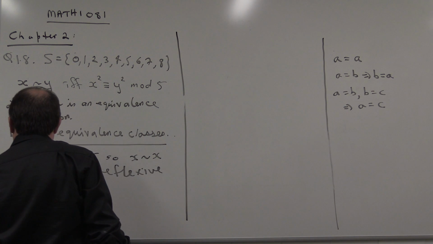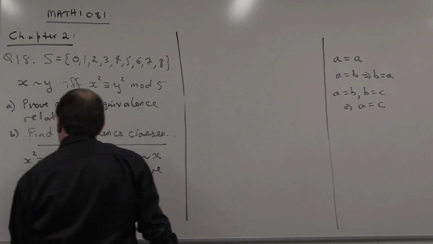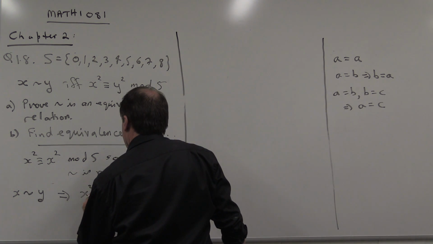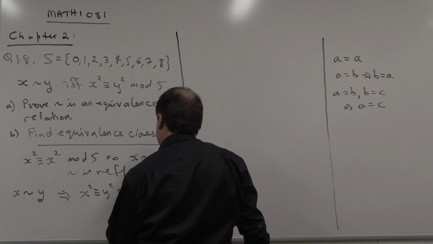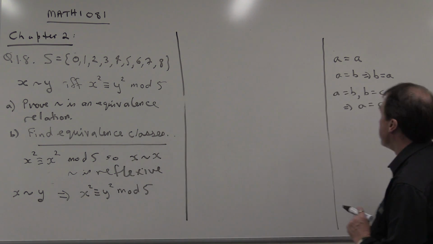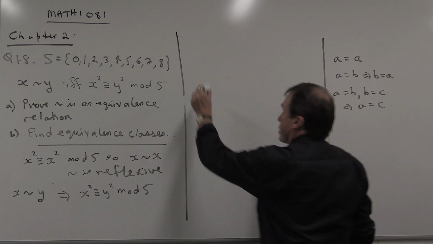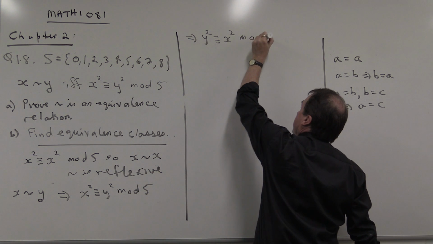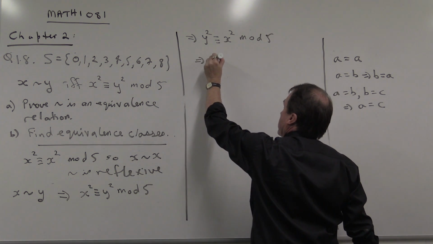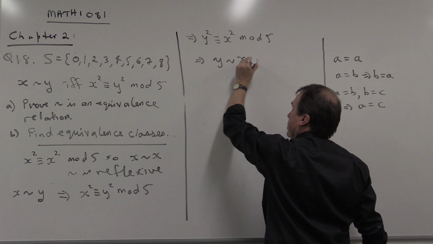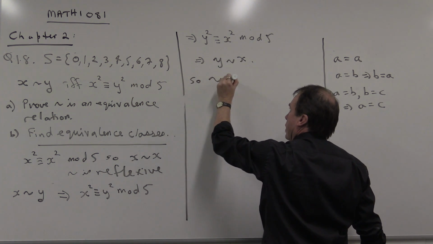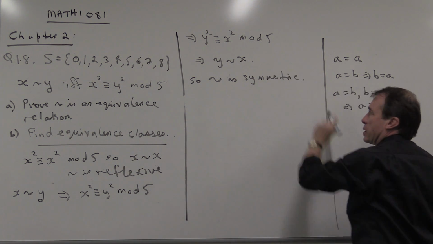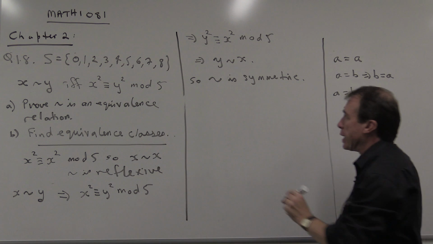Now, if we say that x is related to y, then that means that x squared is congruent to y squared mod 5. Now all I want to do is turn it around. That's clearly the same as saying that y squared is the same as x squared mod 5. And then by definition that says y twiddles x. So this relation is symmetric, is the word.